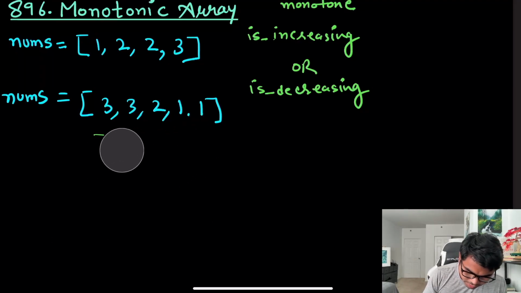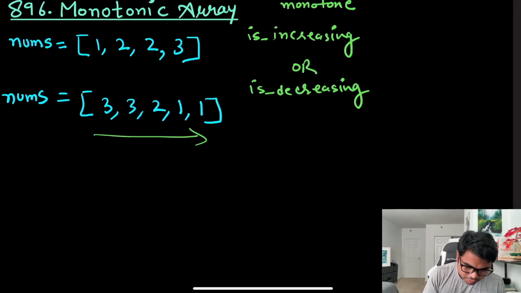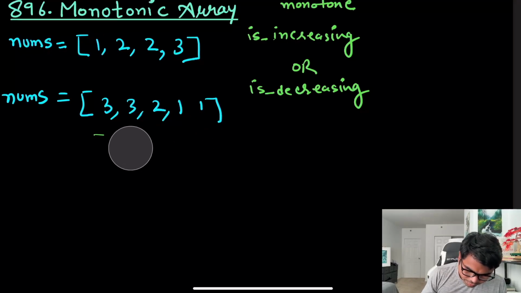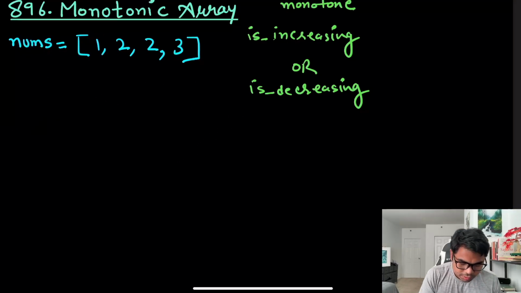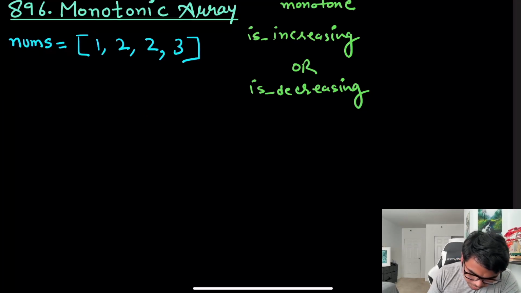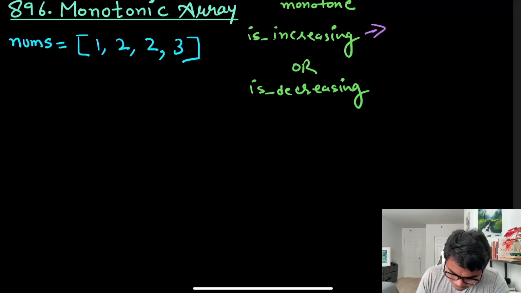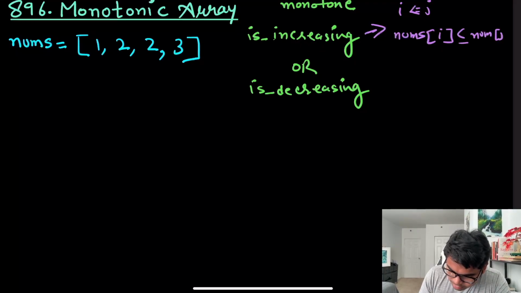So what I mean is, in our condition, if you remember from our conditions, we were told that for monotonic increasing, for all i less than or equal to j, nums at i has to be less than or equal to nums at j.